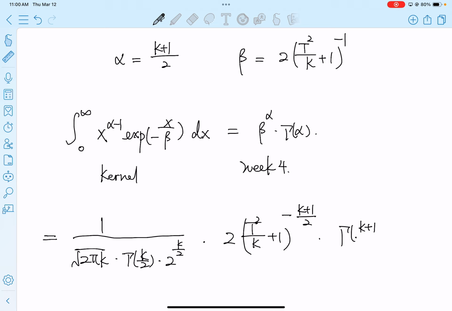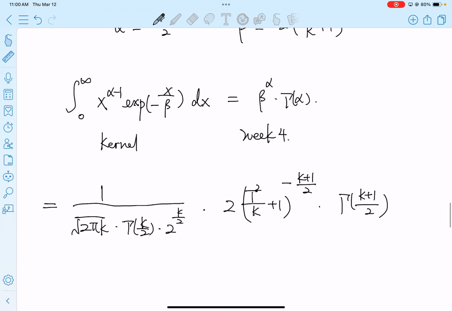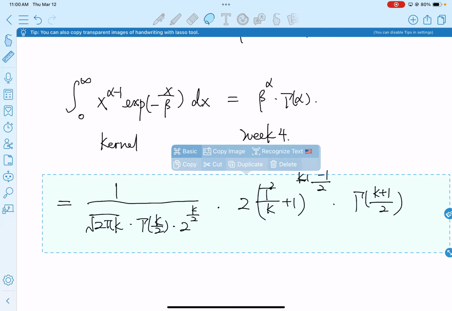Alpha is k plus 1 over 2. Okay, and then that's it. You can see that this expression only involves t, no more s showing up. We have removed it by taking the integral, removing the s from the picture. So this is the marginal density function for the t.